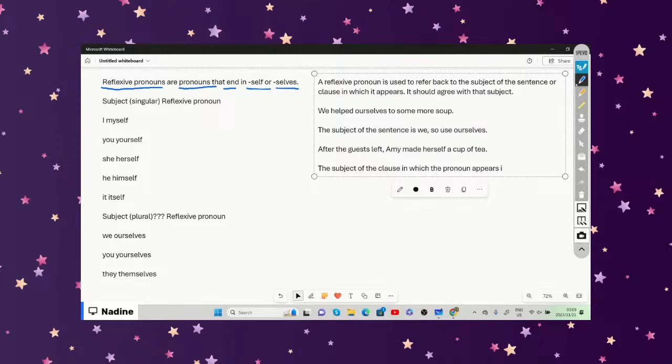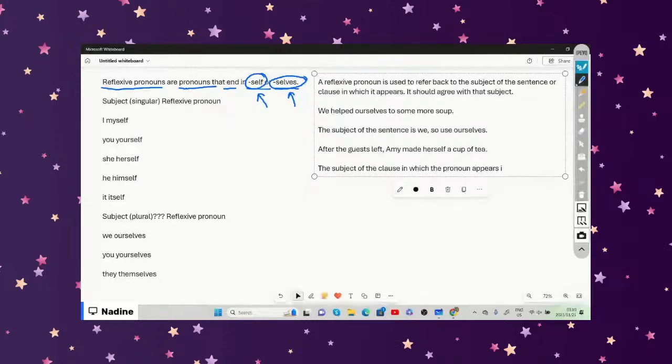So it means that if we just use the word self, then self is basically when it is a singular subject. It refers to a singular subject. But as soon as we make mention of selves, then this is a plural subject, so it's in a plural form.